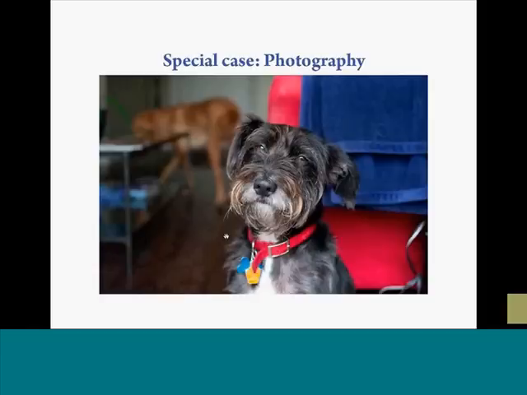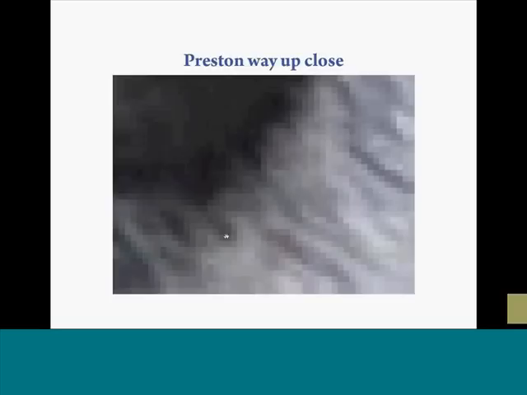Now, this photograph is really just a collection of pixels. At the heart of it, this photograph is from an 8-megapixel camera. It's got 8 million pixels, and that is the data. And if we take a little area like the side of his nose here and zoom way in, we can see all of those pixels. Here's Preston's nose, this little black part here is the corner of Preston's nose.